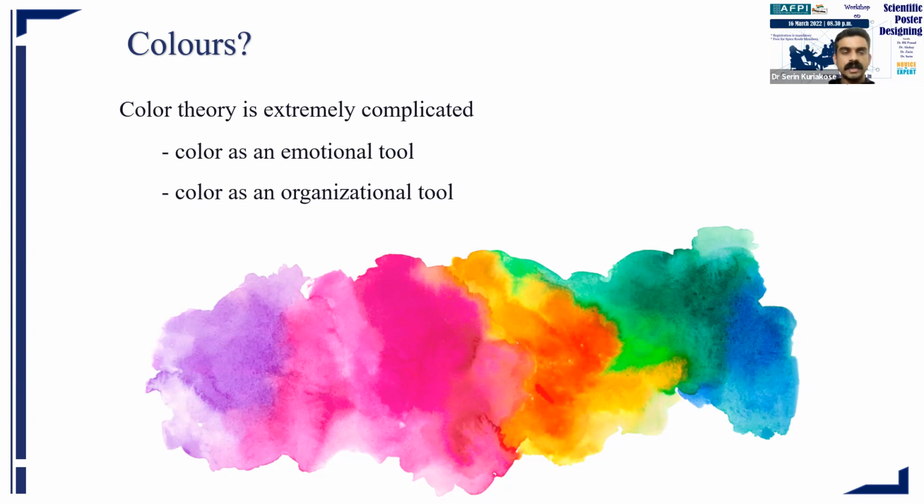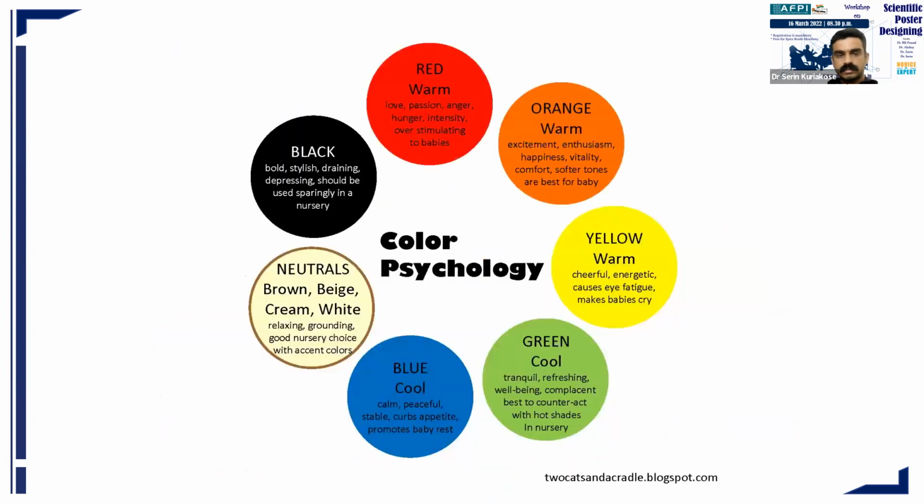So color is a little bit complicated. There are two ways to use color. First, as an emotional tool. Second, as an organizational tool. When we design a poster, before giving some color, especially in India, if you create some particular color background, that gives some message to the audience.